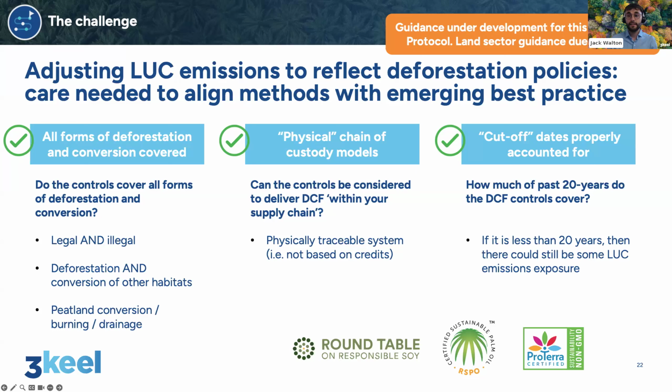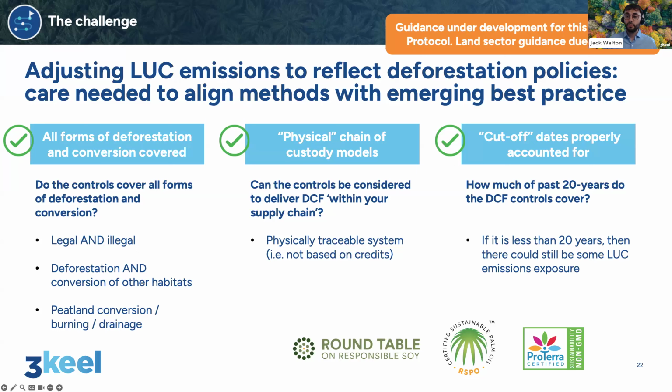So the latest draft of the Land Sector Removals Guidance, which is due to be finalised in late 2025, says that when you buy a certified commodity, in order to reflect the reduction associated with that certified commodity, it has to be in a physical, traceable system. So in real terms, that means that it's a segregated certification, or some mass balance certifications also allowed, i.e. you can't use credits to reduce your land use change emissions.